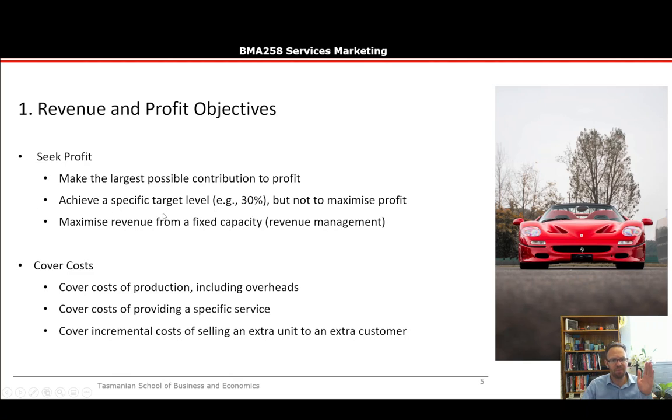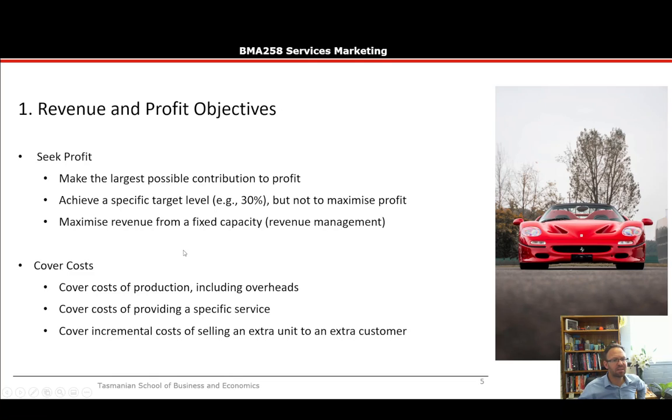We'll know for each project that we do our cost management for, we'll have a specific target level for the percentage of how much profit to make on that specific project, which grouped together will help us manage an overall pricing strategy. So the revenue is to achieve a specific target level.